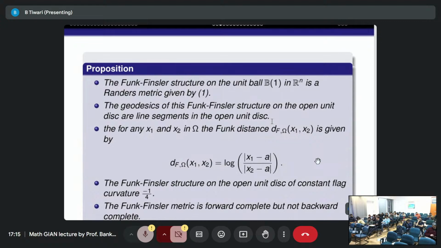So this is an interesting remark that in this case, the geodesics, the shortest paths, are actually the line segments in the open unit disk. And further, the distance induced by this Finsler structure is given by this formula.